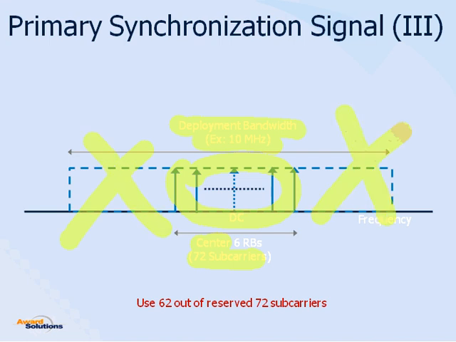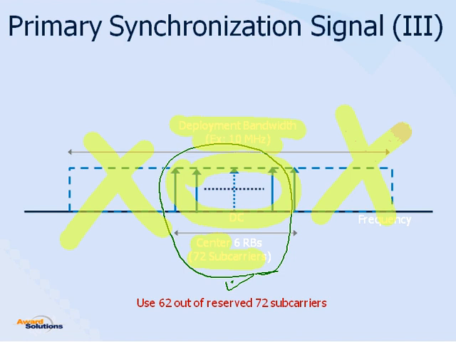We will only use the center portion of the system bandwidth during specific time periods, which is the last OFDM symbol of time slot 0 and 10. That's where you will detect the primary signal from the frequency perspective. So in terms of frequency, the subcarriers are center 72 subcarriers.